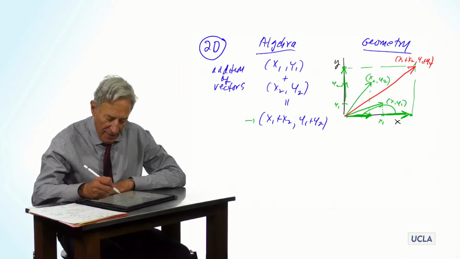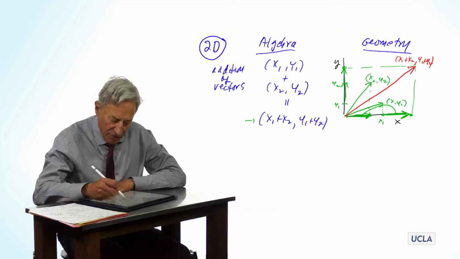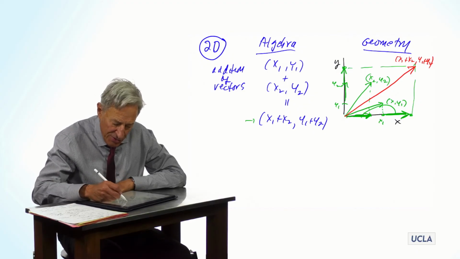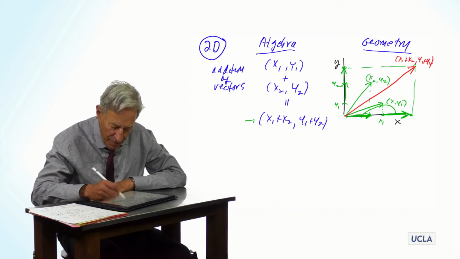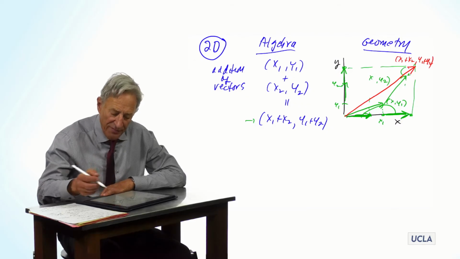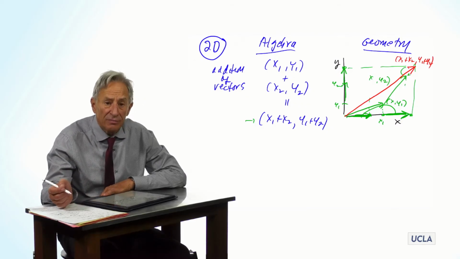But here's another way to get the same thing. You see what we just did by adding the x vectors and adding the y vectors is equivalent to taking this x2 vector here and just moving it over and adding it onto the x1 vector tip to tail.